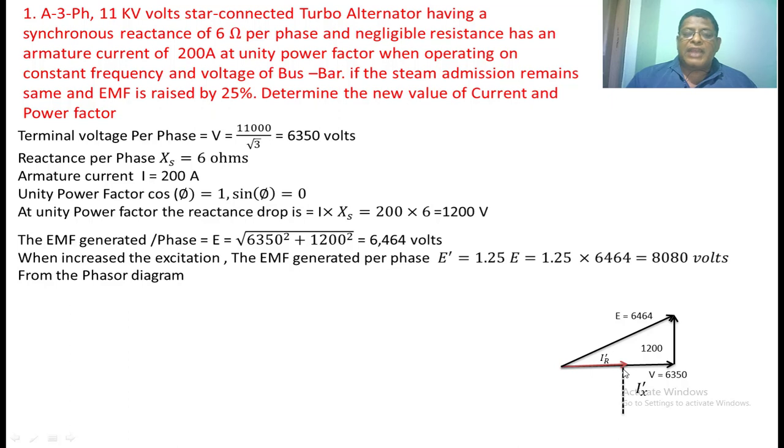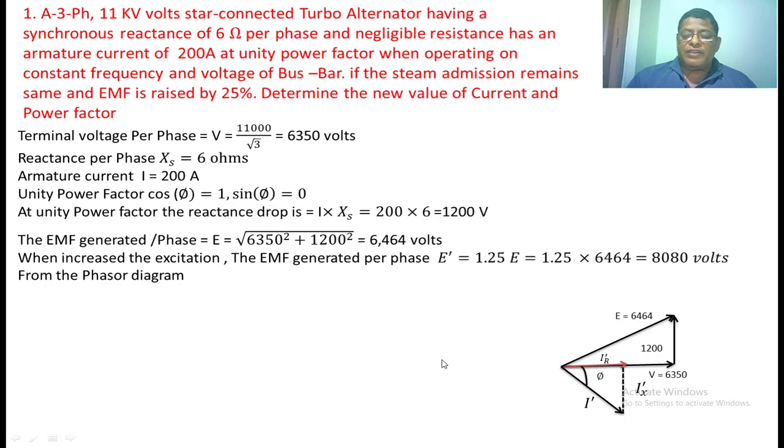Supplying a reactive component of the current, we have taken I X dash. The phasor sum of I R dash and I X dash becomes I dash, which is the new value of the current. The angle between the voltage and current is phi.